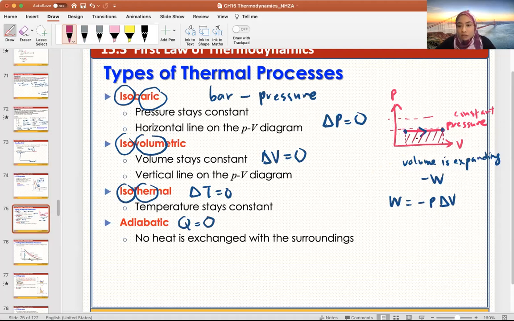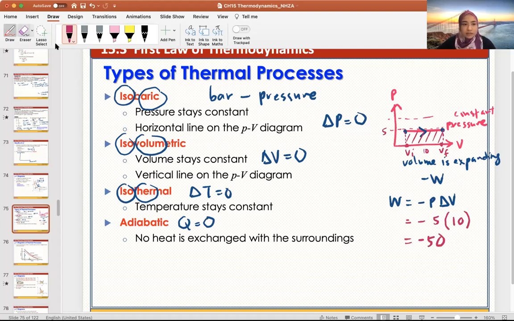P delta V. So delta V is V final minus V initial. Let's say this is 10, and my P is, let's say, 5. So minus 5 times the difference between V final and V initial, which is 10. The difference is 10. This gives me minus 15.